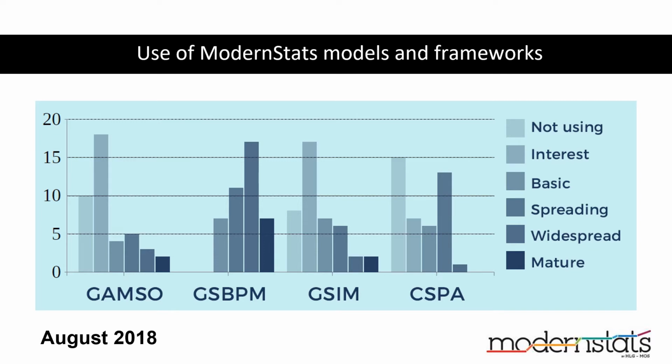So if we have a look at the GSBPM, then we can see that already it's spreading. And if we look at the GSIM, we're at the level where there is interest in the model, a lot of interest in the model, and we're beginning to see it spreading. That was the situation in August 2018.